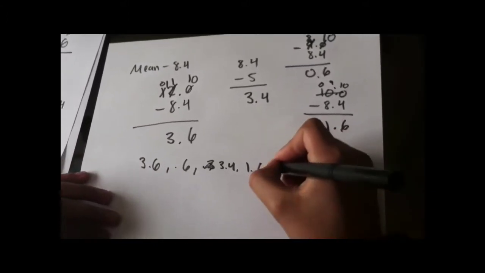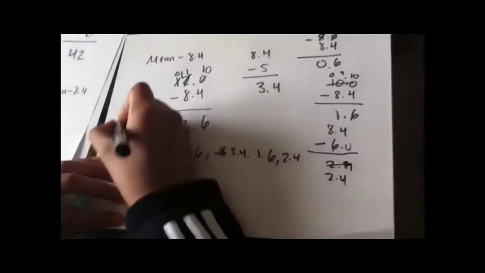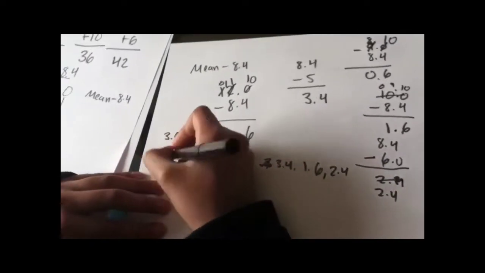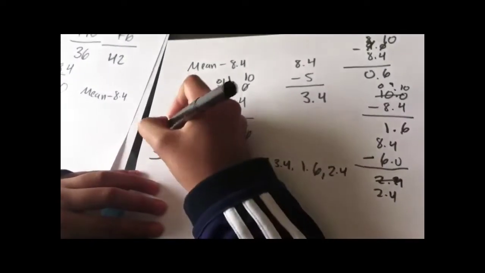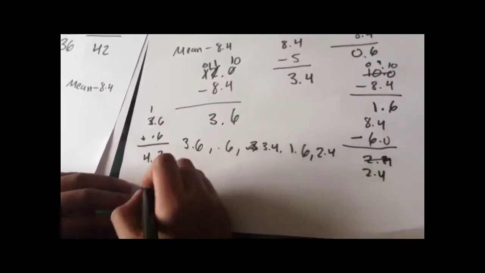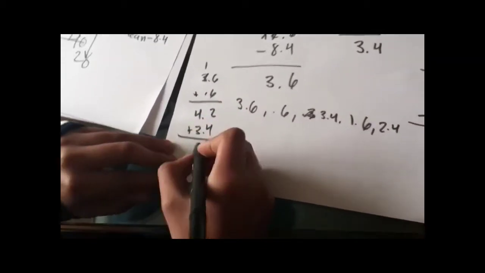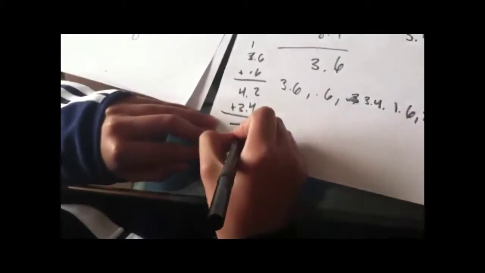Okay, so then you add all of this up. 3.6 plus 0.6 equals 4.2. 4.2 plus 3.4 is 7.6.